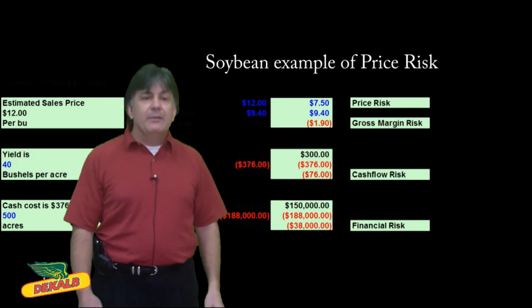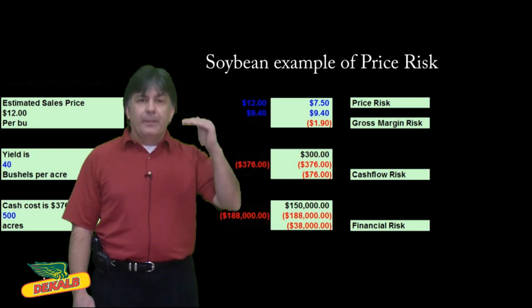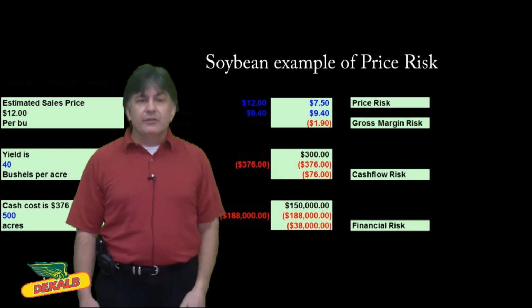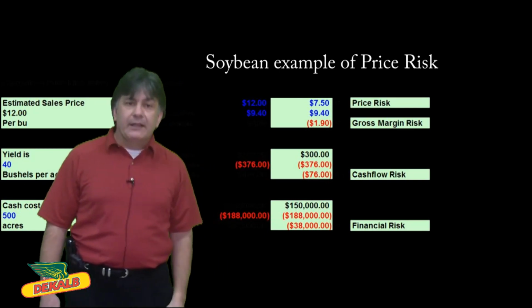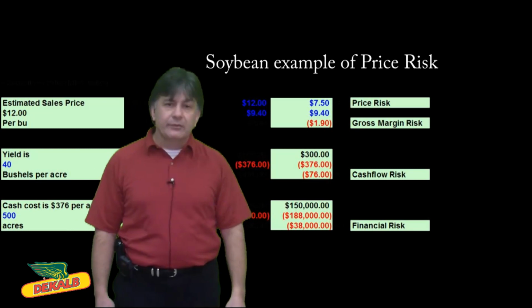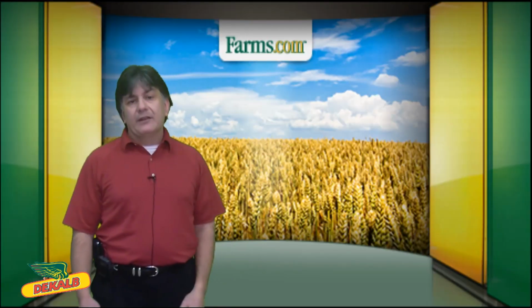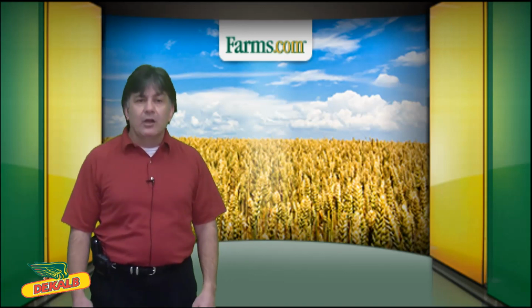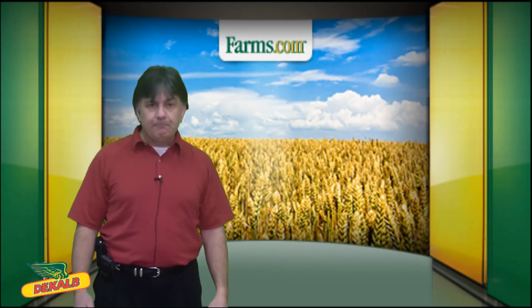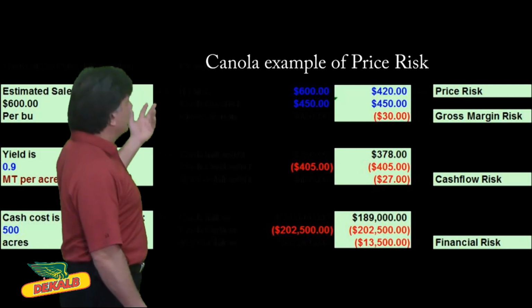Margin risk happens because the lower price turns into a negative gross margin, which translates into a negative cash flow, and then eventually into a financial risk where that negative cash flow doesn't allow you to service that operating or long-term debt.